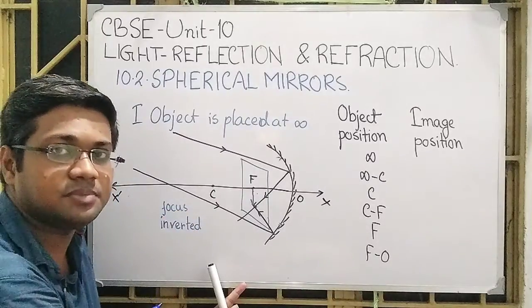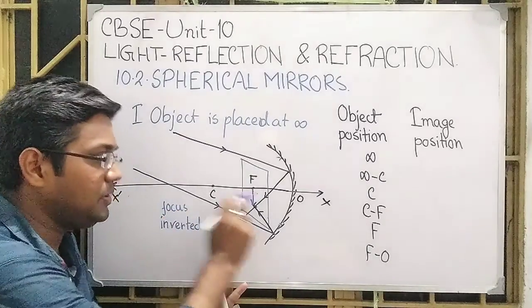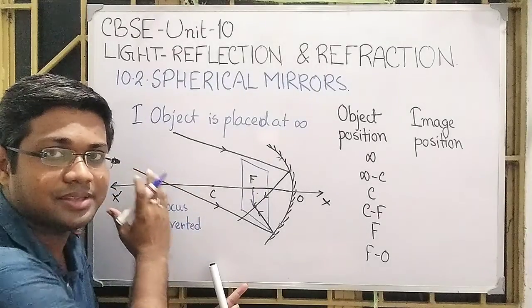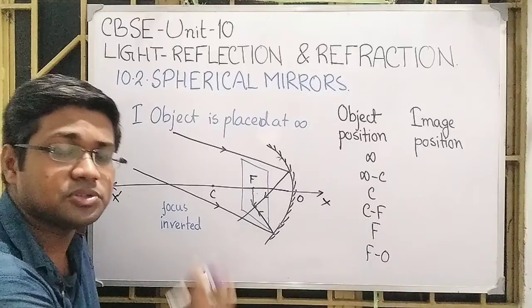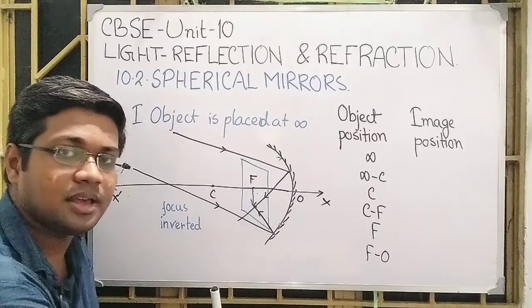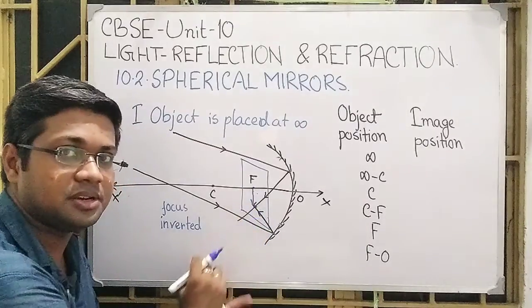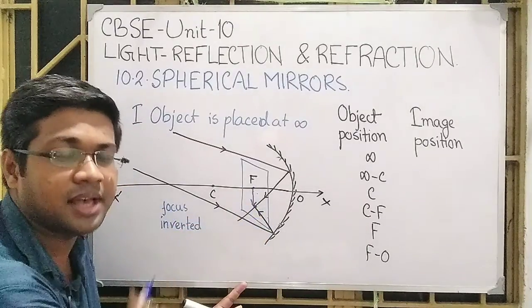What is the size of the image? Obviously the object which is placed at infinity is large in size, so the light rays coming from it are parallel. So we can see the image which is formed here is smaller in size.